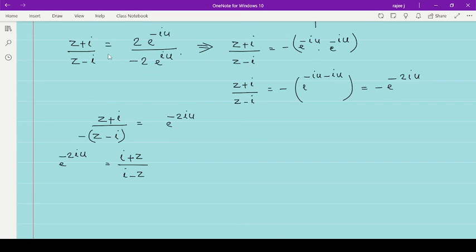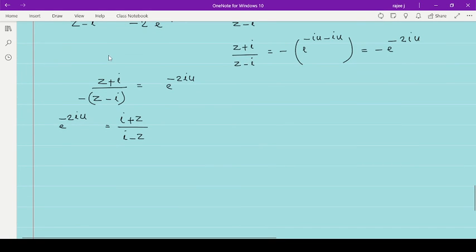Almost we are at the answer. Now take log on both sides. Therefore, taking log of e raised to minus 2 iu is equal to log of I plus z divided by I minus z.